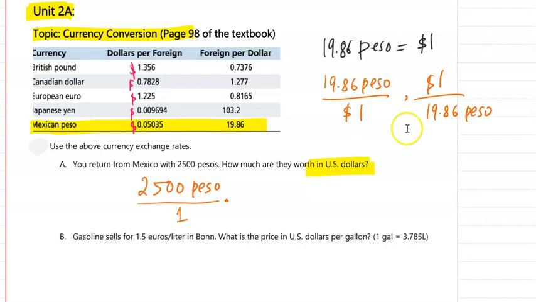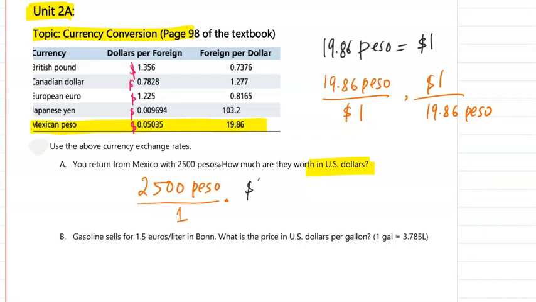If you are changing from peso to dollar, you multiply by the fraction that has peso in the bottom, so they cancel top and bottom. So I'm using this second fraction.